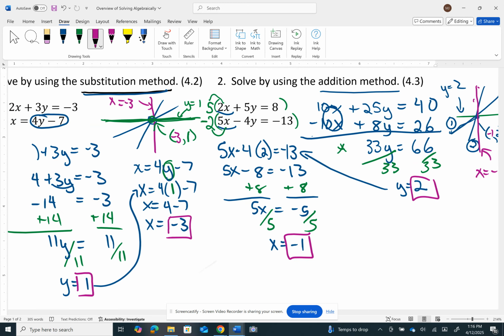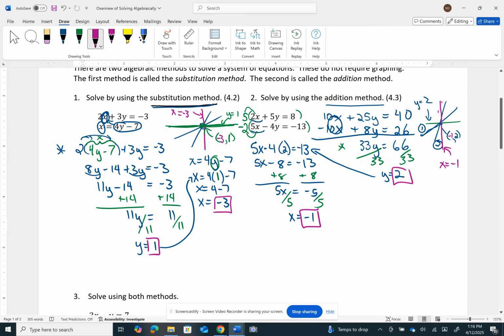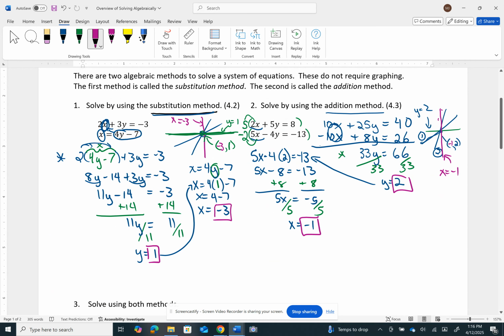Now, let me comment on the fact that you can check these. All right? So you can do a quick check by just doing this. On question number 1, I used the x equals 4y minus 7 to find my second coordinate.